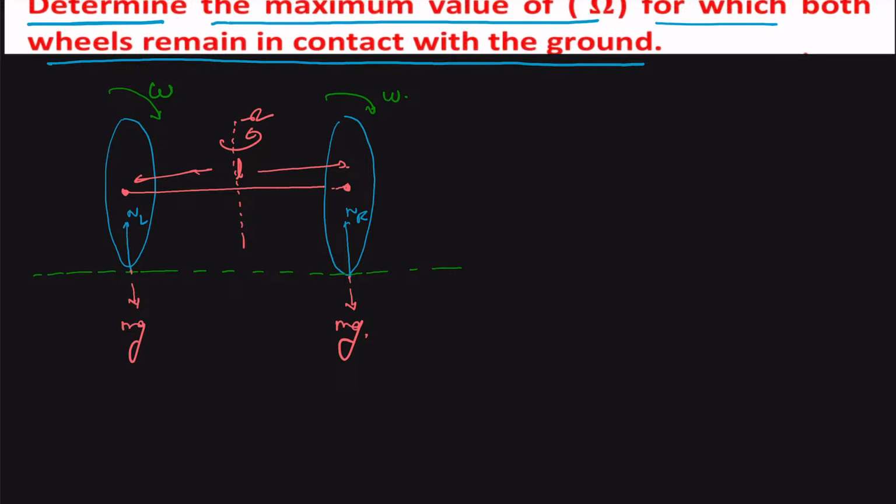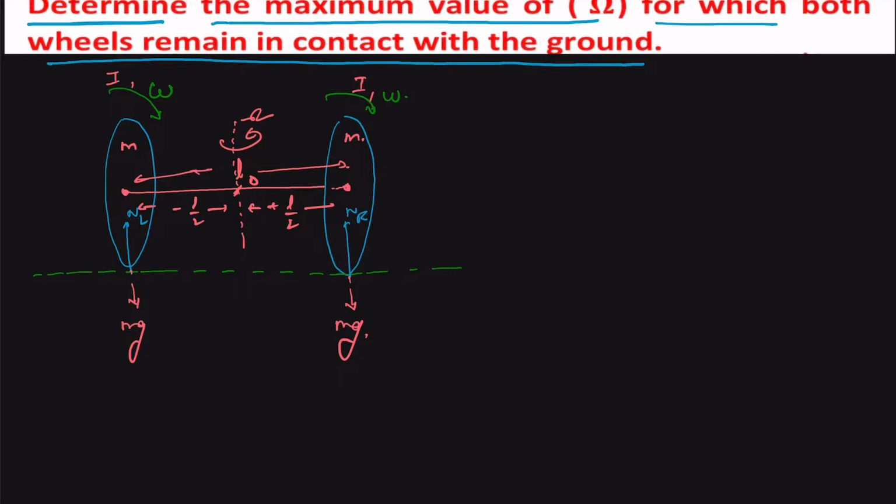We are given that they have a moment of inertia of I, and let us assume that the center is our origin, so to the left of it will be minus L by 2, and to the right will be plus L by 2. We have taken this center as our origin, and we can also say that each wheel has a mass of m.